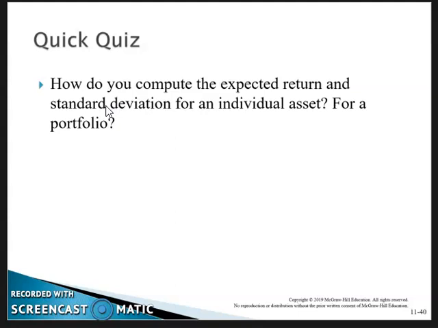And take the square root of that. It gives you the standard deviation. You basically do the same thing for a portfolio. We take the individual weights. There are some special cases of formulas that we talked about in earlier lectures.